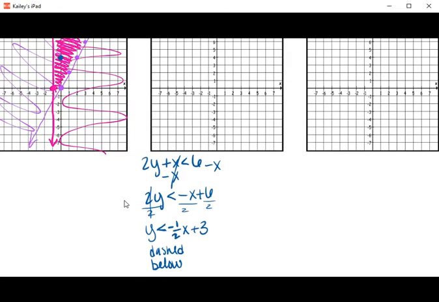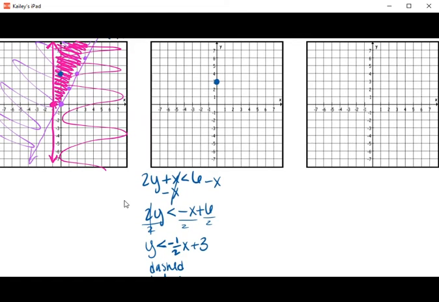So I start out with a y-intercept of 3, and then to count the slope negative 1/2, I can go down 1 to the right 2, or up 1 to the left 2, and draw my dashed line there, and then shade below.